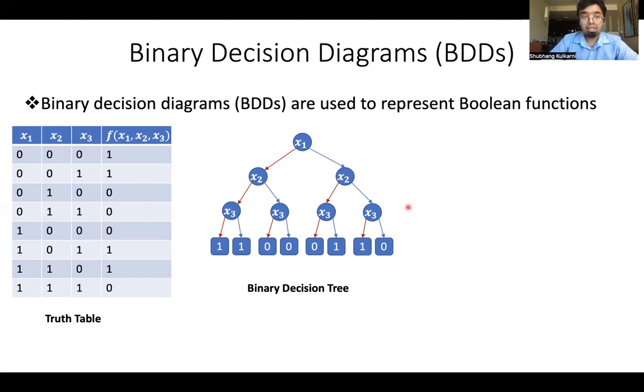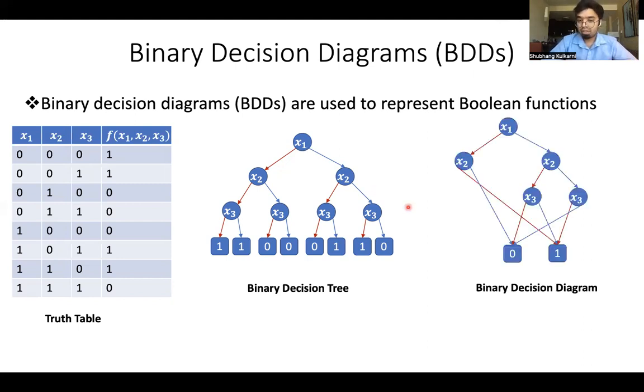Now a BDD is actually just a compression of this decision tree using several simplification operations. Function evaluations on both result in the same result. So for example, if I were to evaluate 0 on 0 in the decision tree, then I would start off at the root, go to the left because of the 0, go to the right because of the 1, and go to the left because of the 0. And I'm at the 0 leaf.